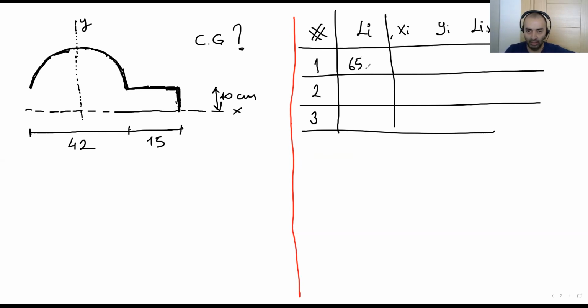I did it. This one. So I need xi. Center of gravity point of this member is around this. It should be here. What is the xi for this one?